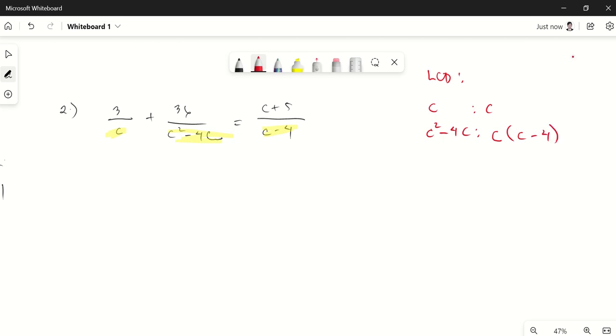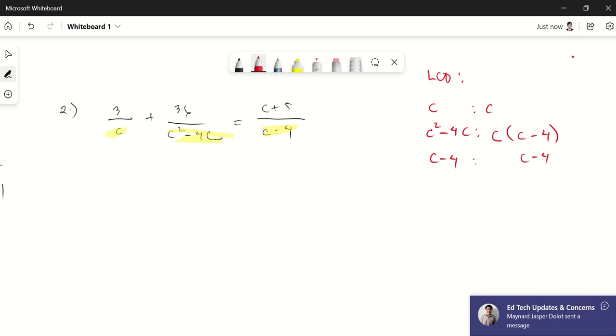Then make sure you align the common factors from the previous one. And finally, you have c minus 4. You can't factor it any further, so you just put that down below, c minus 4. Then bring that down: you have c, then c minus 4.